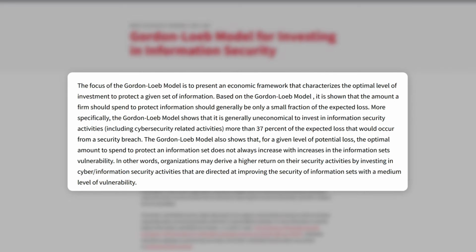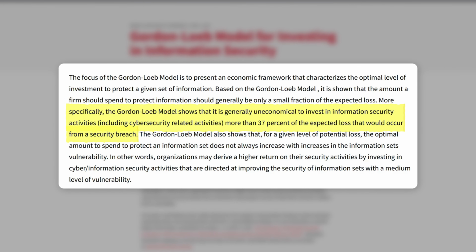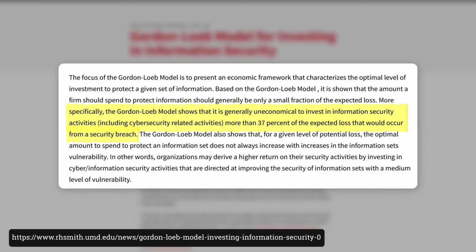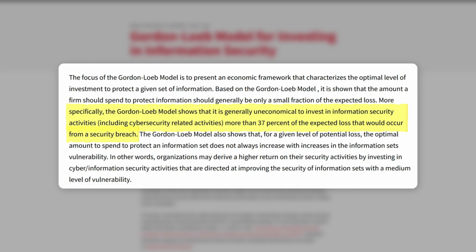It reduces probability through proactive threat-informed hardening, and it reduces impact through faster detection and more targeted response. The Gordon-Loeb rule from information security economics establishes that organizations can mathematically justify spending up to 37% of an asset's expected loss to protect it.